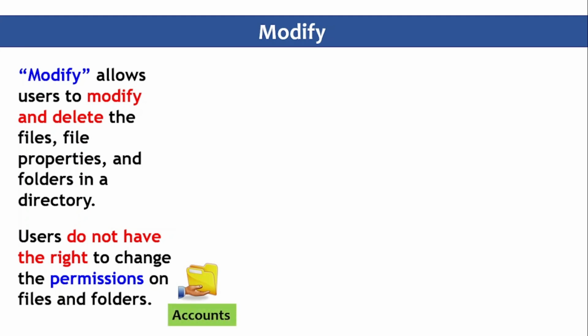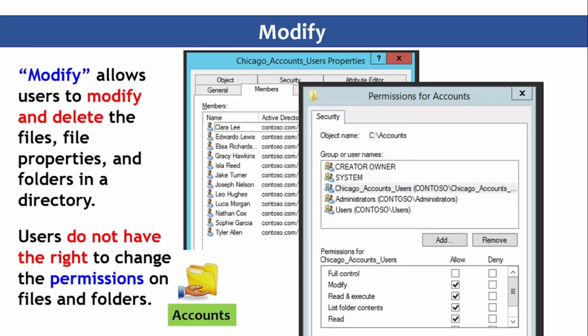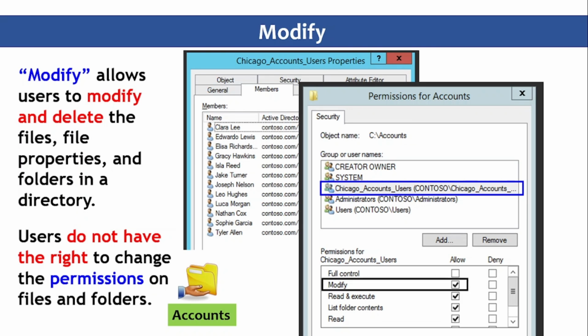So we have a folder named accounts, and we have a group named Chicago accounts users. Let's say we need to grant modify permission to this group on this accounts folder. So we went to the properties of this accounts folder, clicked on the security tab and clicked on the edit button, and we have this screen in front of us, and we added this Chicago accounts users group in the security, and we granted the modify permission.